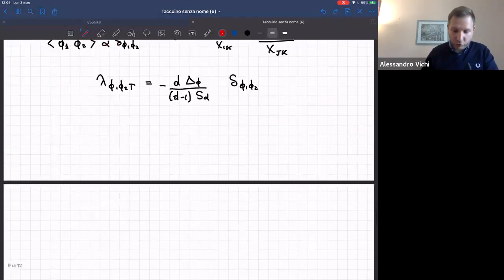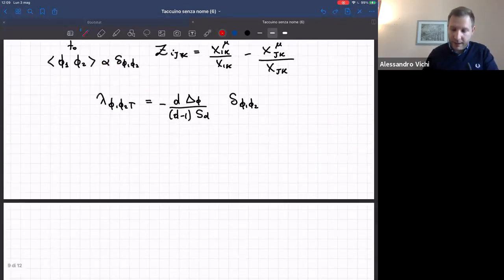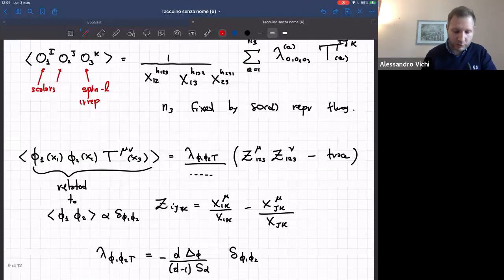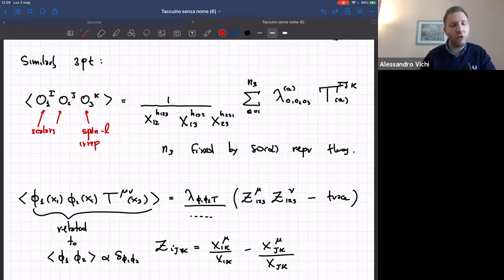Great. So the important point is to remember that for any triplet of operators, the 3-point function is completely fixed up to a certain number of constants. And many of these tensor structures have been classified.